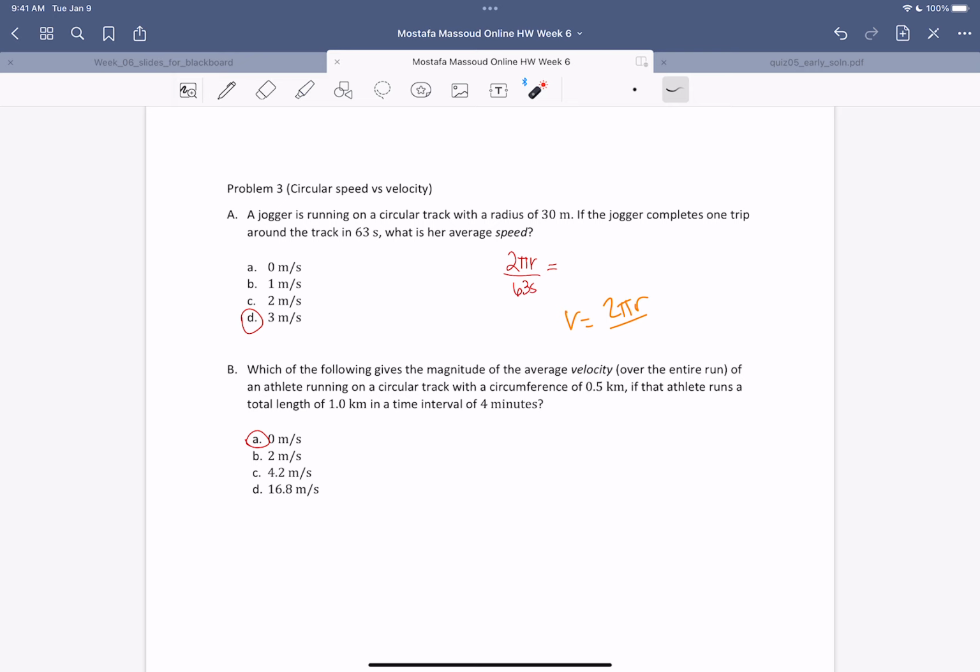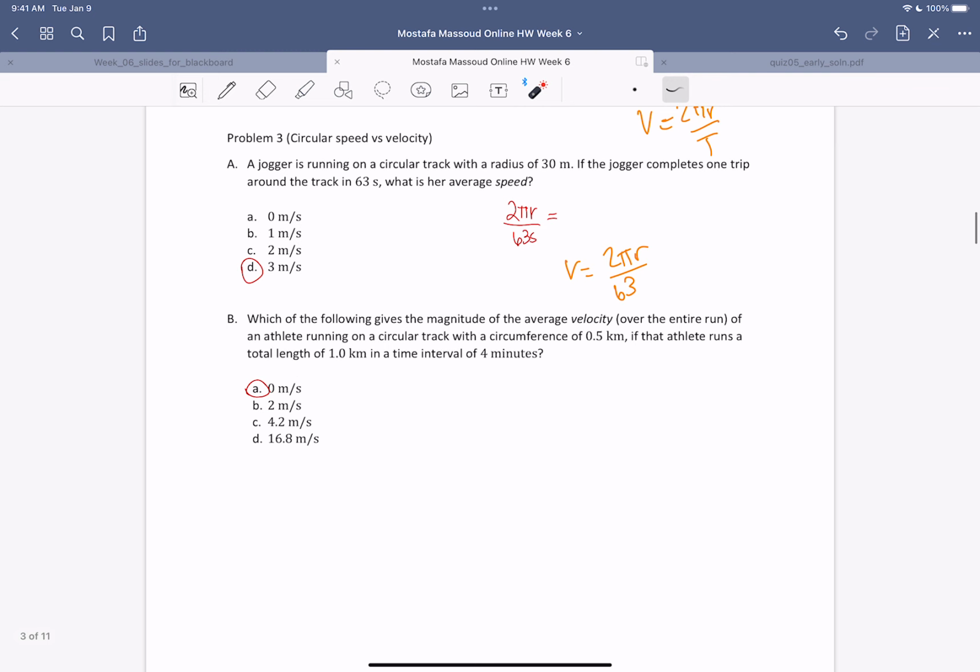Because the period is the amount of time it takes for us to travel 1 time around the circle, basically. So that's 63 seconds. Then we know that v is equal to 2 pi r over T. We just take 2 pi r over 63. We should be able to get 3 meters per second.